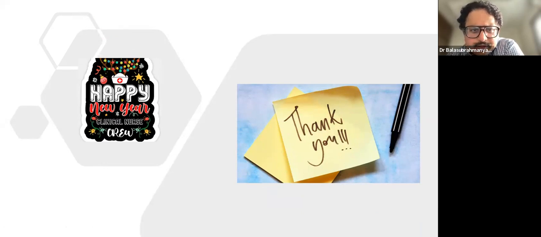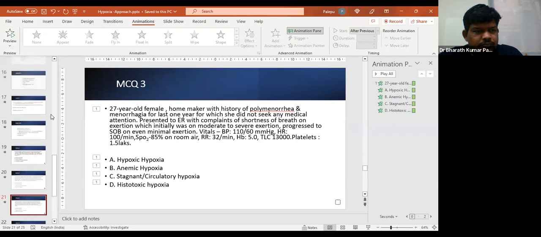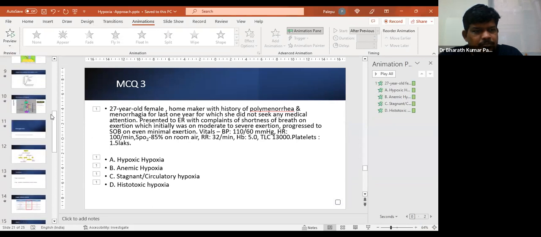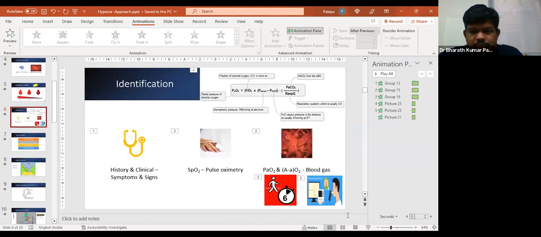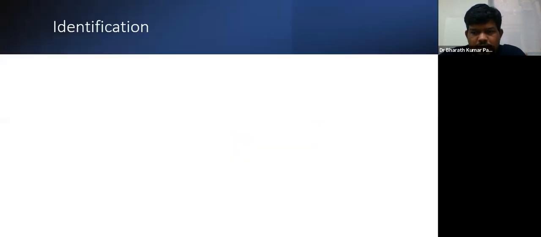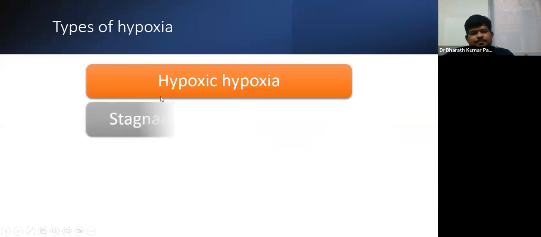Can you elaborate on the identification slide? Yes, I'll go back. So how do we identify that the patient has hypoxemia?